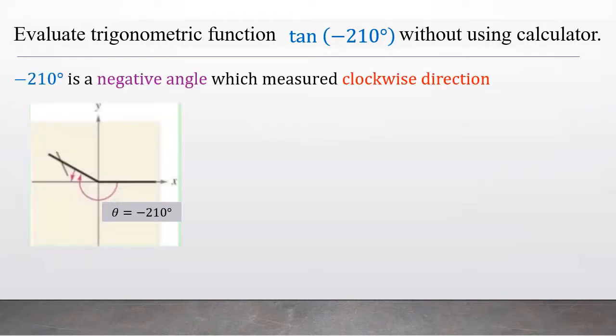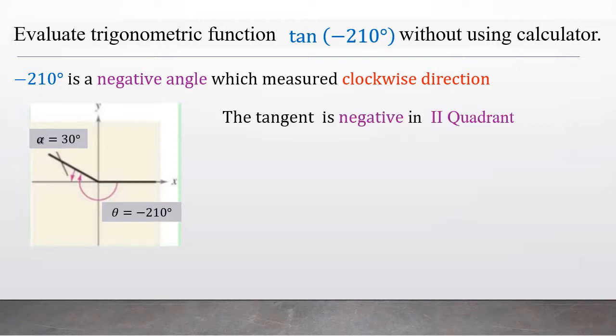Since negative 210 is a negative angle which is measured in the clockwise direction, we notice that it will fall in the second quadrant with a reference angle of 30 degrees. So the tangent is negative in the second quadrant. Therefore, the tangent of minus 210 degrees is equivalent to negative tangent 30 degrees.